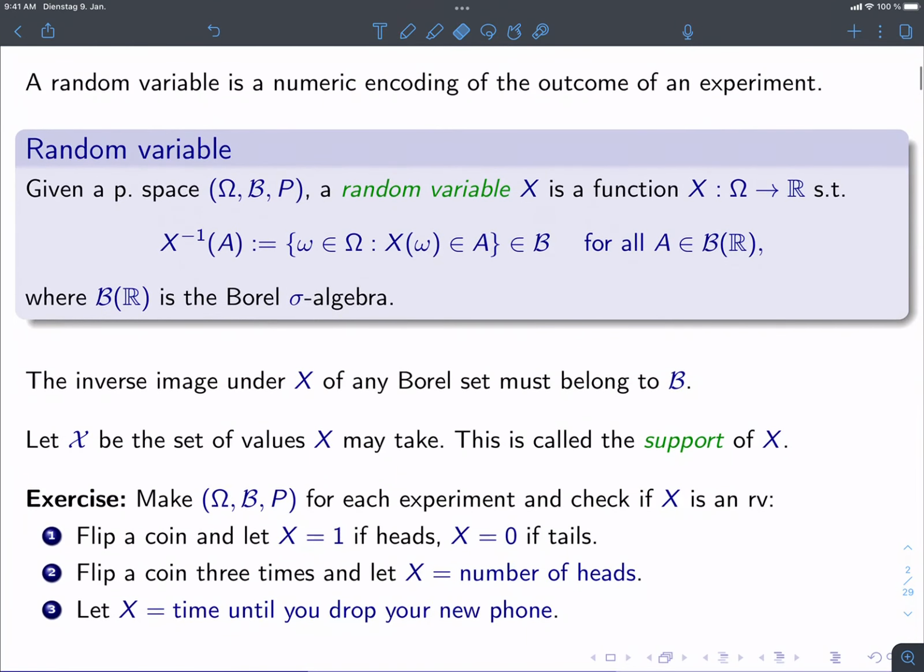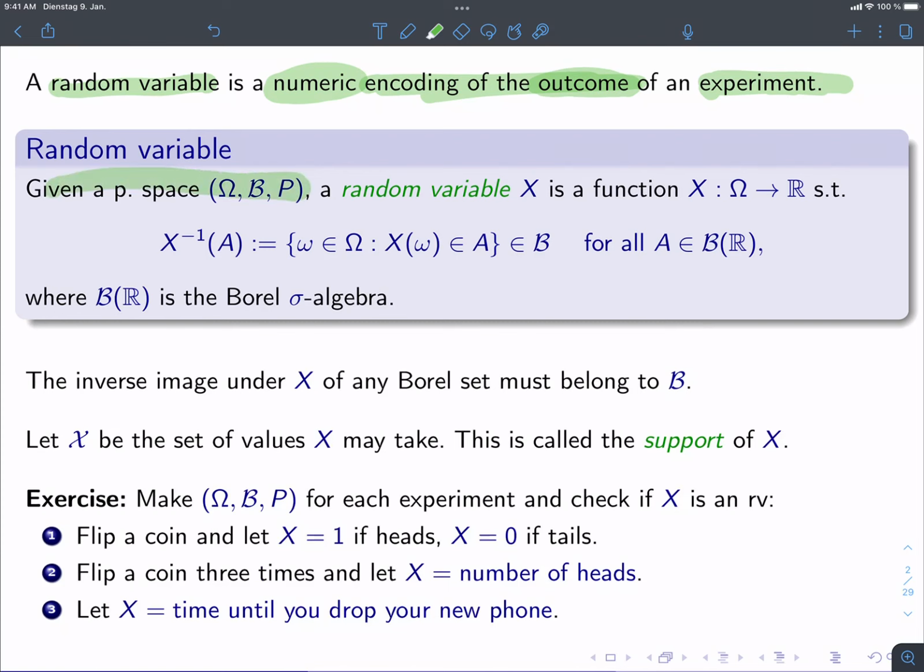To be more precise, well, this is another imprecise way of putting it. We have an experiment always happening in the background, and we know an experiment is going to result in some kind of outcome. A random variable is always a number, and it just is a number telling us about the outcome of the experiment.